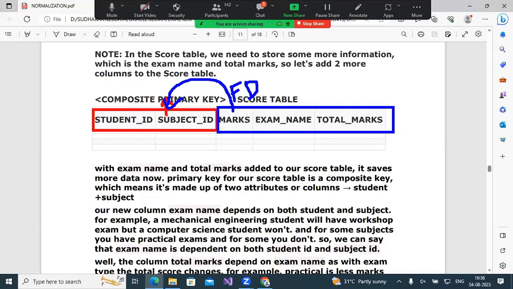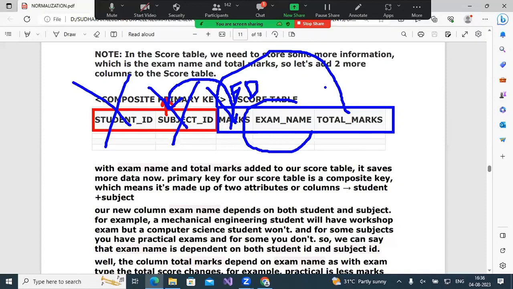That is your merit. So here tell me, total marks does not depend on marks, does not depend on subject, does not depend on student. It depends on what now? Examination name. I think in BTech you also have external exams and internal exams, theory and practical.